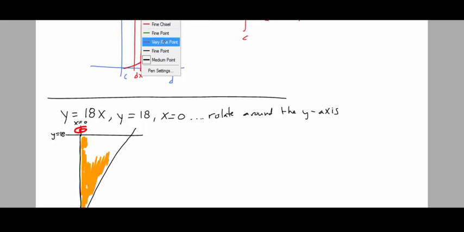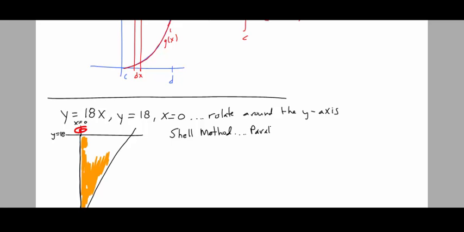So setting this up, let's start with the shell method. Now remember, with the shell method, we're parallel to the axis of rotation. Okay, and also remember this starts out 2 pi r.